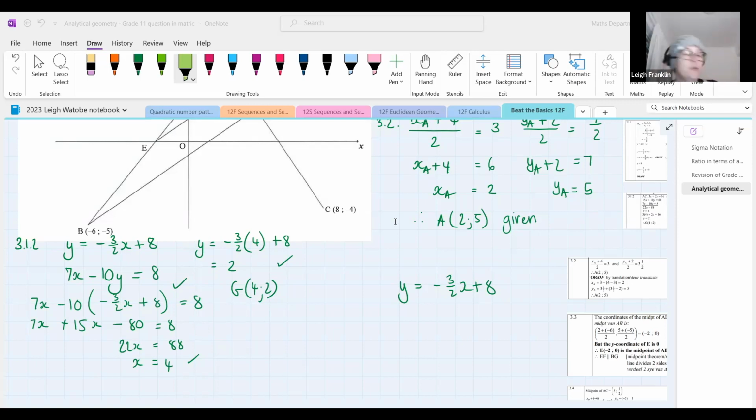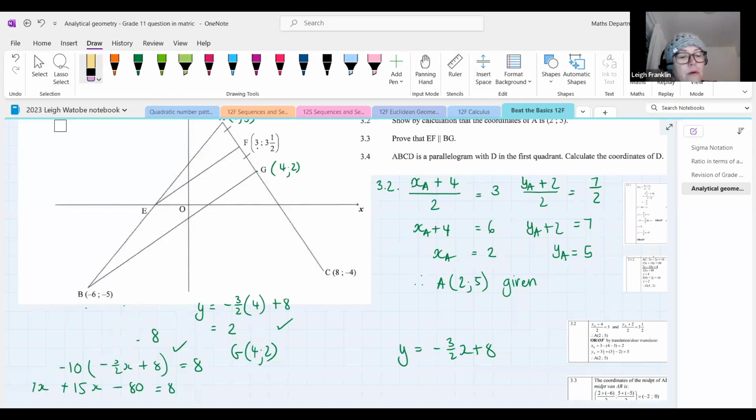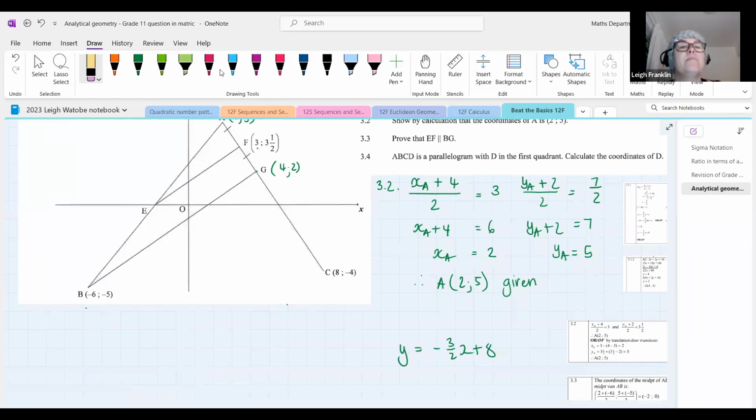Okay, so all of you are saying that the equation of AB is 5 over 4x plus 5 over 2.